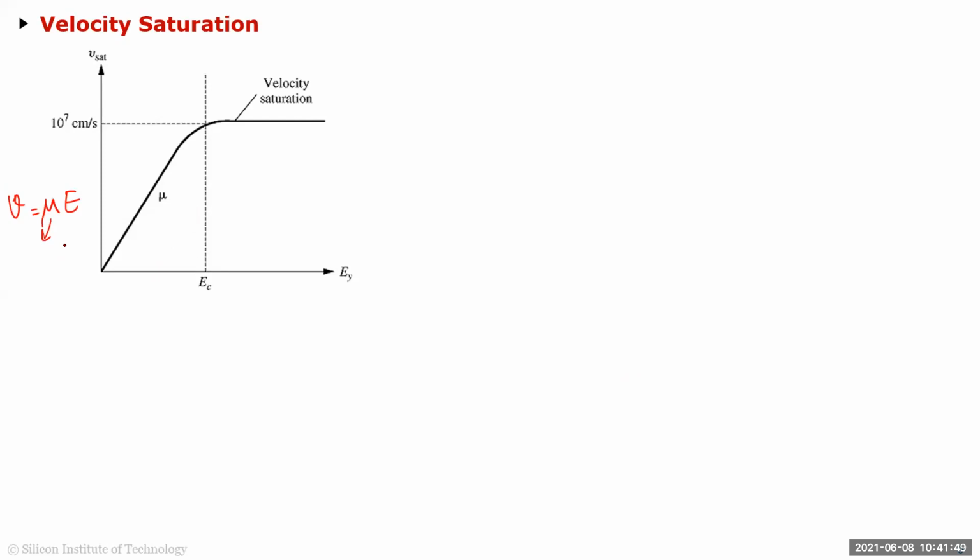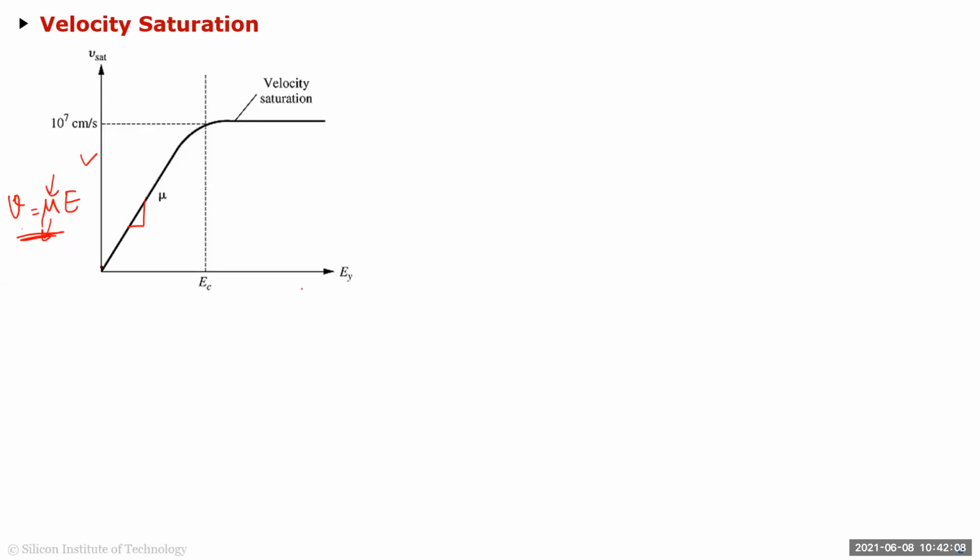So if you take velocity versus the electric field, that I've written here, then this slope is this proportionality constant, which in case of an N channel is the mobility of your electrons, right?